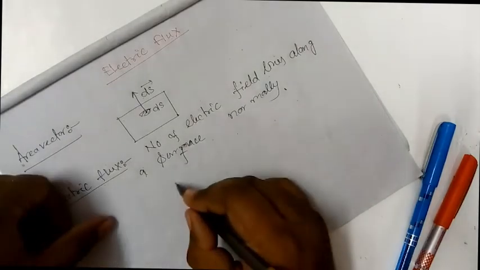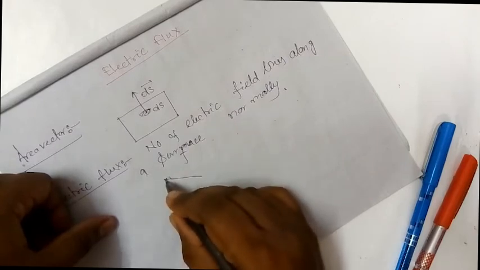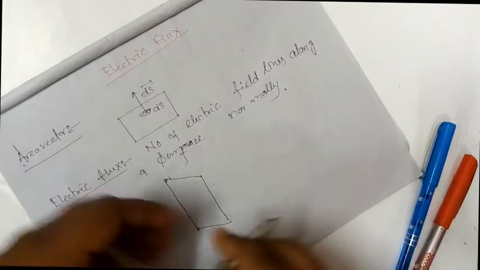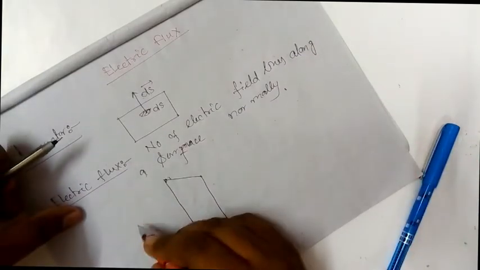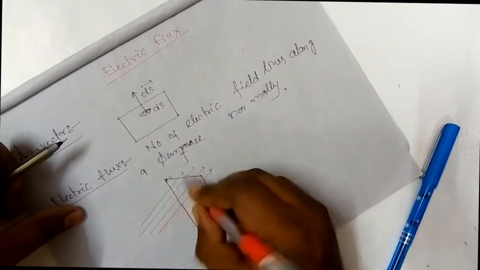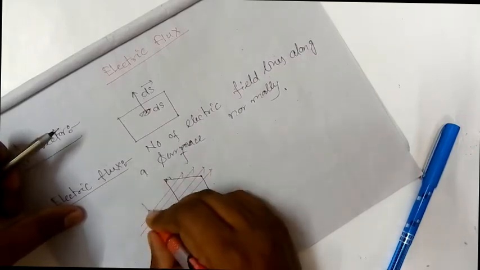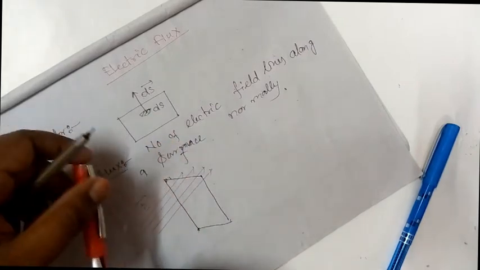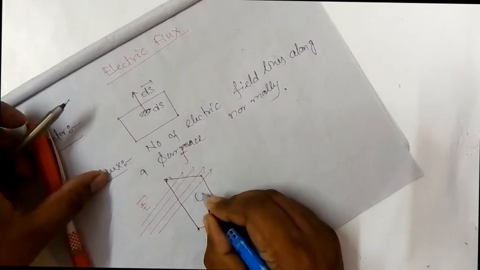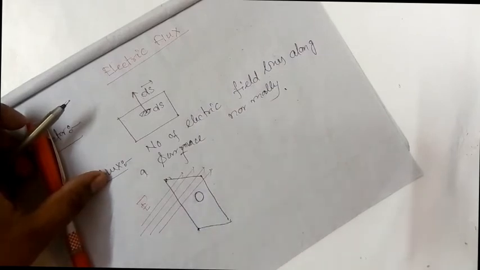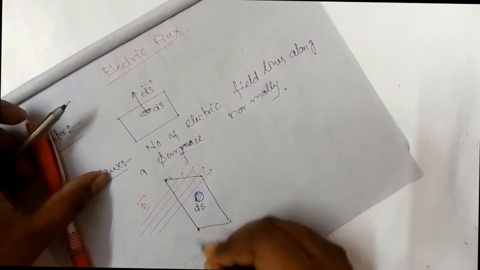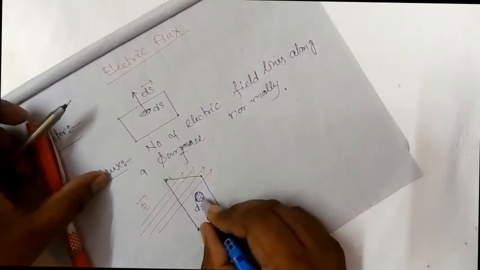Assume one surface is given here. The direction of electric field is acting here. So this is the direction of the electric field, that is your E acting. What will be the electric flux? To find the electric flux, we have to take a smaller surface ds.